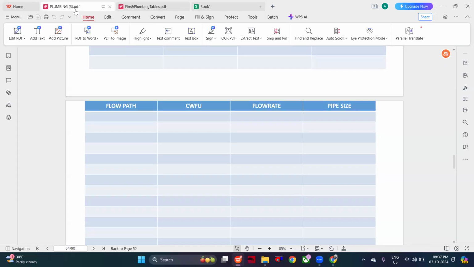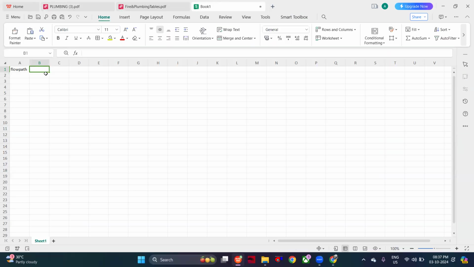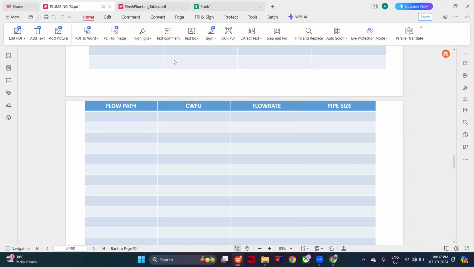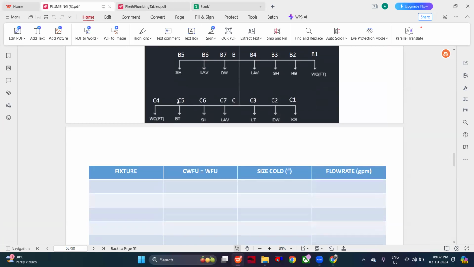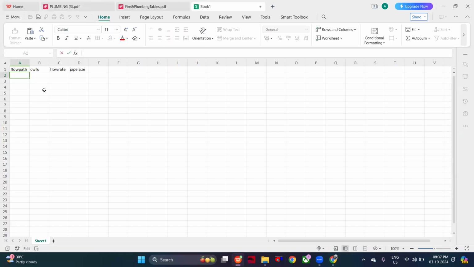CWFU and flow, pipe size. So the first flow path is C5 to C4.